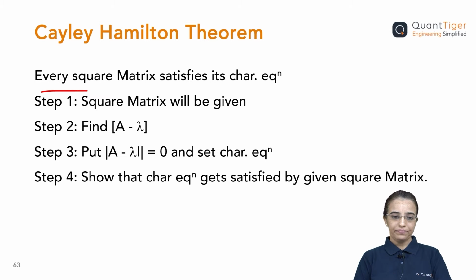So what is step 1? We have to show that the square matrix satisfies its characteristic equation. The first step is that the given matrix should be a square matrix of any order. Then, in step 2, we take A minus lambda I, where lambda is any scalar. Step 3: we form the equation A minus lambda I equal to 0 and take its determinant, and by that we make the characteristic equation.